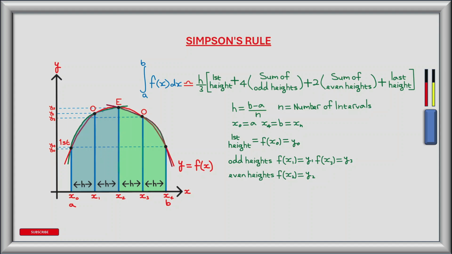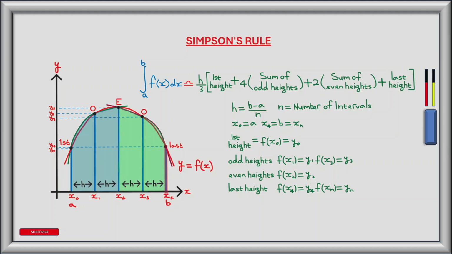Let's look at what is meant by even heights in the equation. y2 shown here and marked with an E is an even height, as the number suggests, and can be obtained by evaluating the function at x2. Finally, y4 in our example is the last height referred to in the equation of Simpson's rule, shown here, and is also referred to as yn.